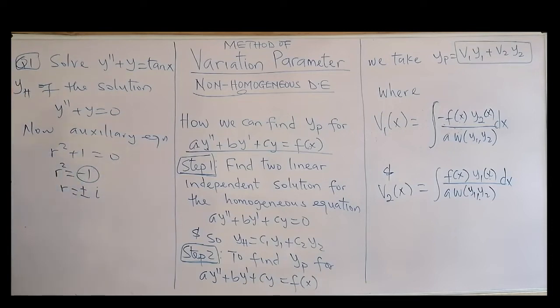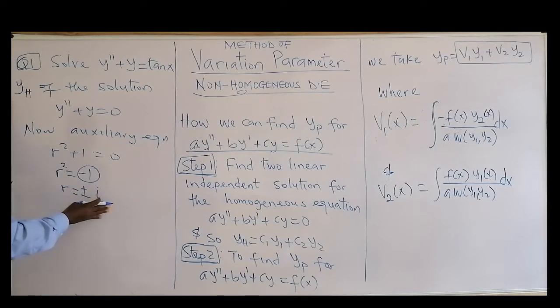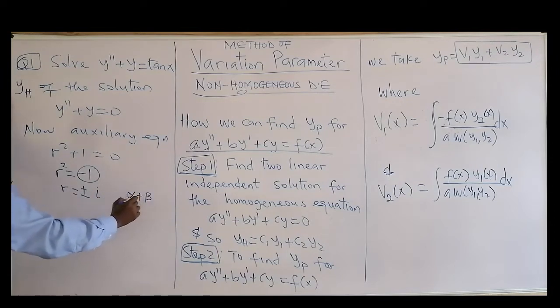Then with this, we need to get the solutions of this differential equation, y1 and y2. Don't forget, we have discussed this many times in previous videos on undetermined coefficients: when you have complex roots, there must be an alpha and a beta in this form.